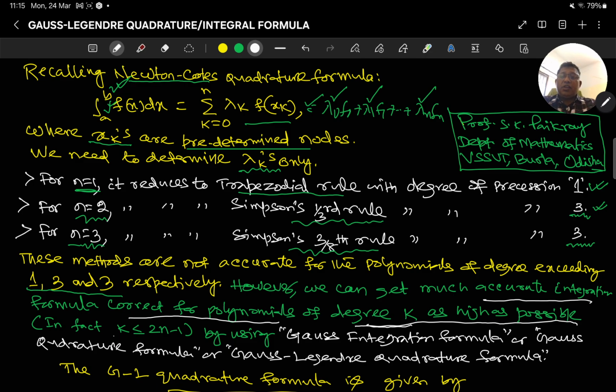In fact, here k is less than or equal to 2n minus 1. This method is called the Gauss integration formula or Gauss quadrature formula or Gauss Legendre quadrature formula, and subsequently we will read the Gauss Legendre 1-point rule, 2-point rule, 3-point rule, 4-point rule, 5-point rule, etc. Here we will discuss the Gauss Legendre up to the 3-point rule.